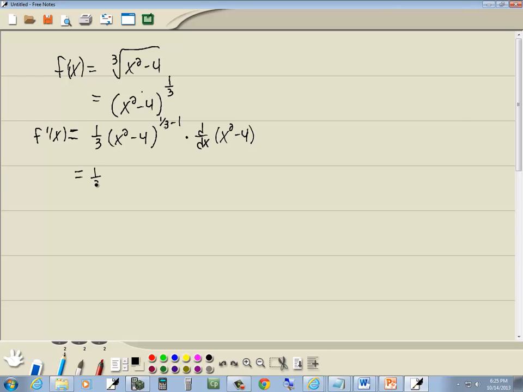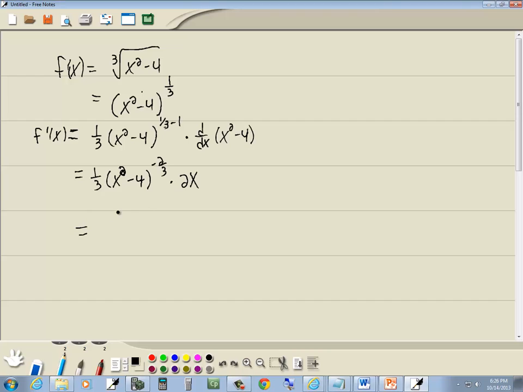So that gives us 1/3 (x squared minus 4) to the 1/3 minus 1, which gives us negative 2/3. The derivative of x squared minus 4 is 2x.